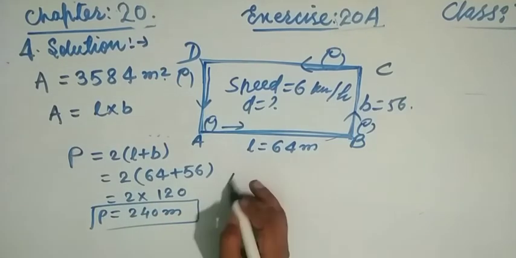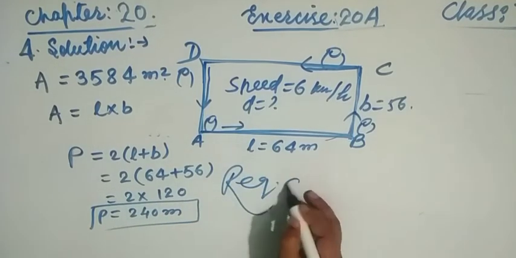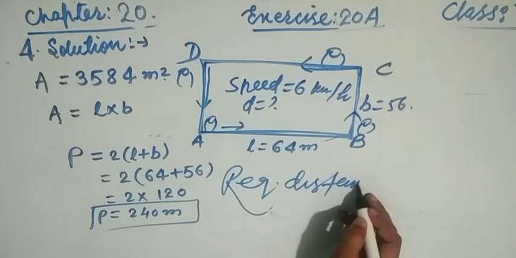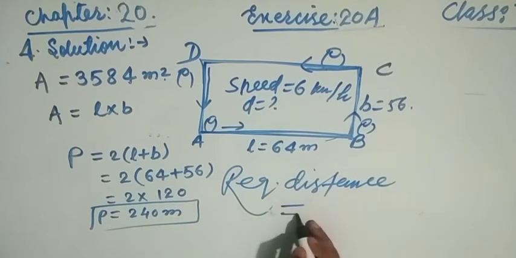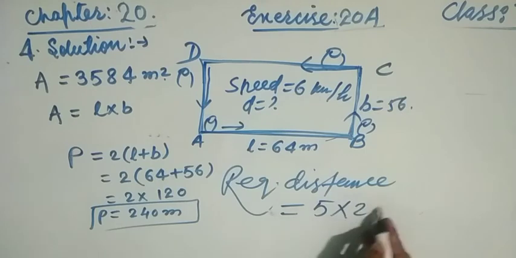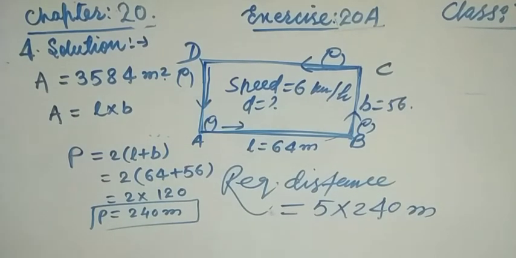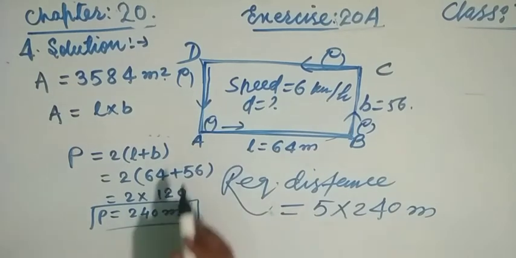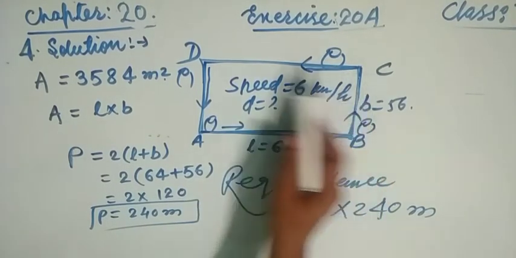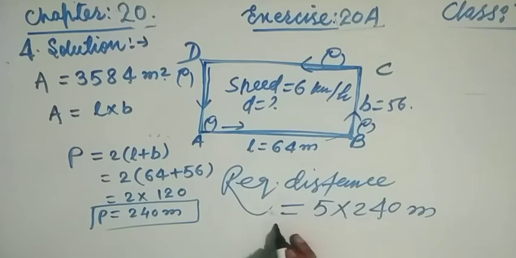Now friends, the required distance is 5 multiplied by 240, because friends, this boy runs around this path, along this path 5 times. So this is one path.